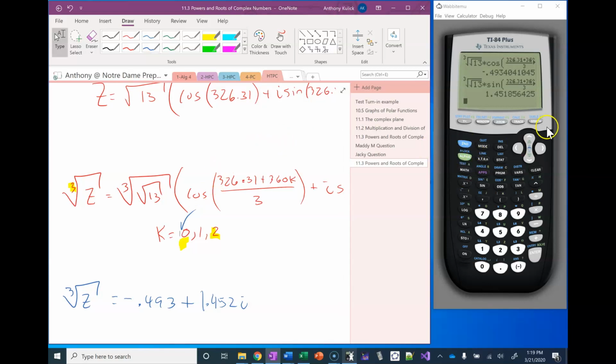Now we're going to do the same thing when k is equal to 1. So I'm going to press second and enter twice to get my cosine one back up, and I'm going to go back and change this 0 to a 1. And there's my next real part.